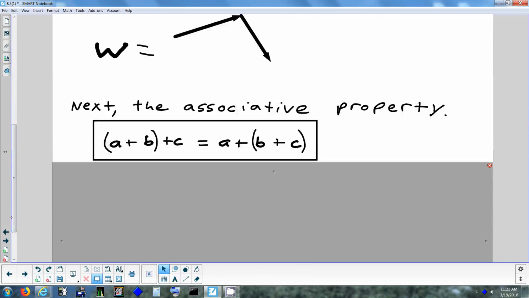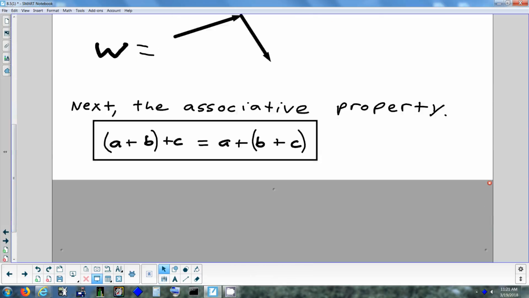It's also associative. I'm not going to do this one out because it takes a little longer, but you could do exactly the same idea that I just did up above. With associative, you're not changing the order. It's ABC, ABC on each side. You're changing the grouping. On the left, you're going to add A plus B first.